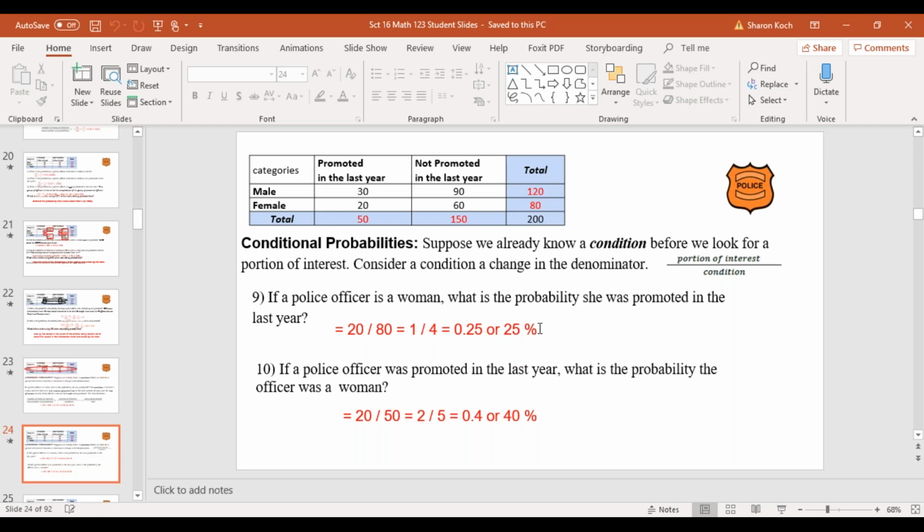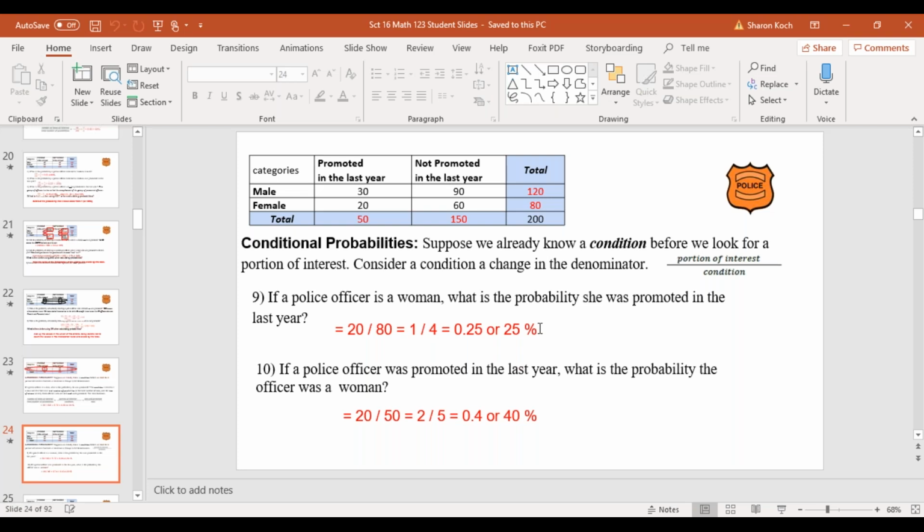So this is kind of interesting. Even though we have different numbers of officers here, male and female, the promotion rate has actually been fair. 25% of the male, 25% of the female were promoted.